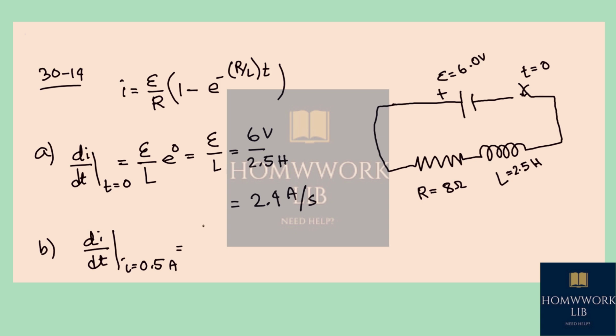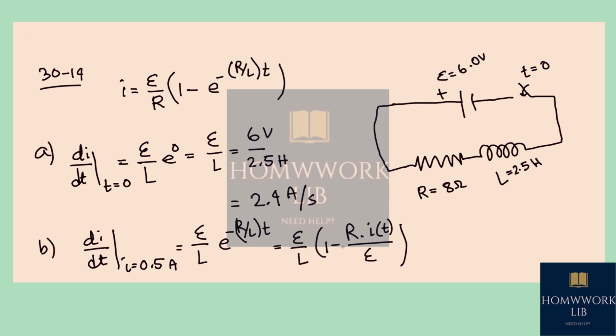So di over dt is epsilon over L times e to the power negative R over L times t, which is equal to epsilon over L times 1 minus R times I at a certain time divided by epsilon. The way we get that is we write e to the power negative R by L times t in terms of the other terms, which gives 1 minus R times I at some time t divided by epsilon. So we just replace that.